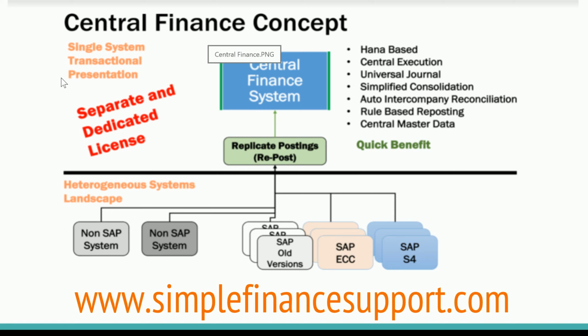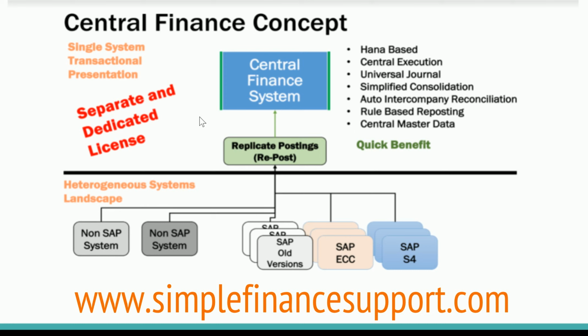Okay, so from the business point of view, there is a single system transactional presentation, and for companies which have multiple locations, multiple companies, subsidiaries, and all that, you can have a single view and have that information quickly available for you, and it eliminates a lot of redundancy in the transactional activities.